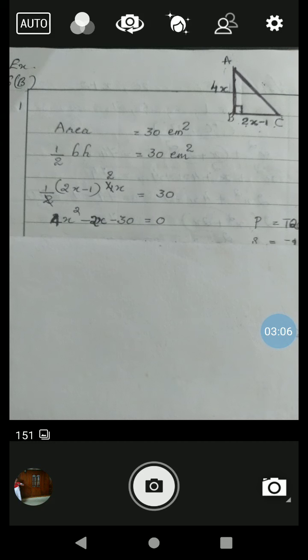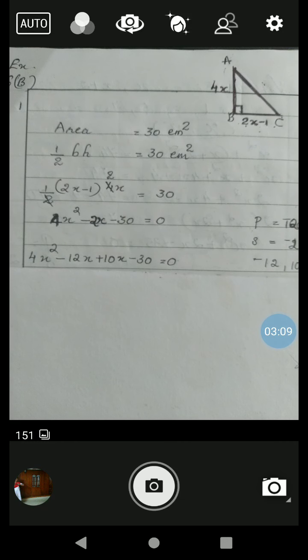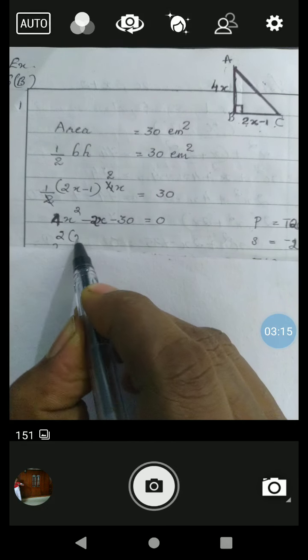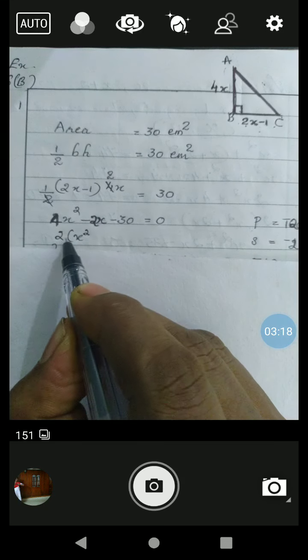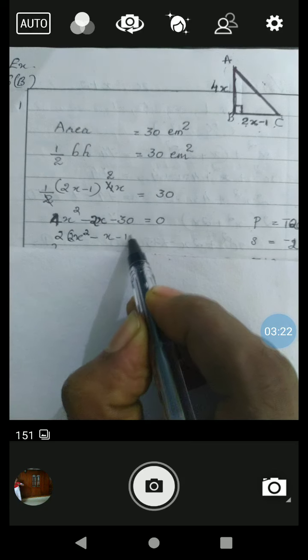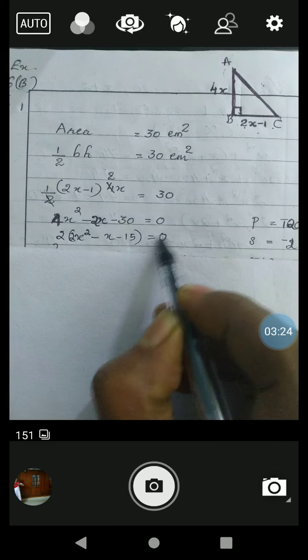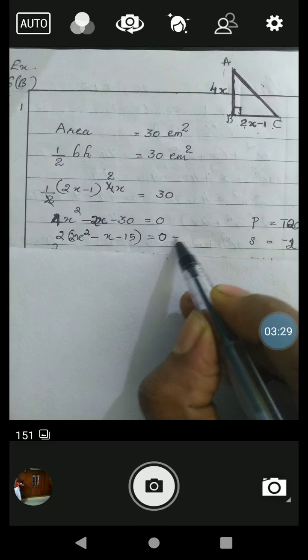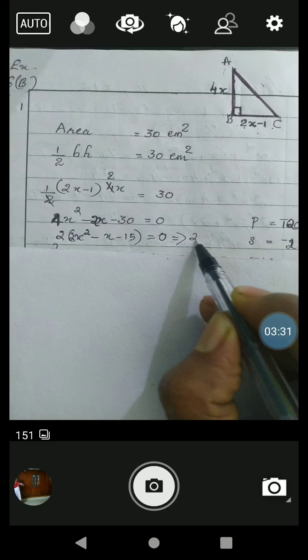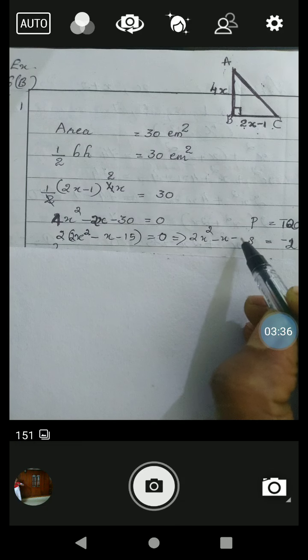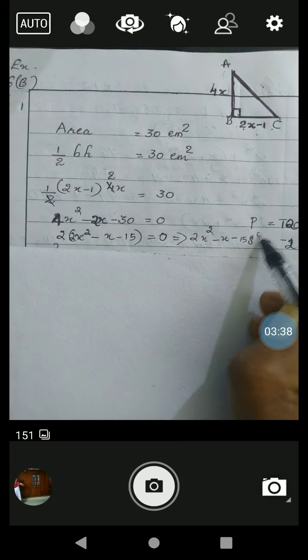Then it becomes 2 into 2x square minus x minus 15 is equal to 0. Now you can transpose this 2 to the other side. Then the equation becomes 2x square minus x minus 15 is equal to 0.